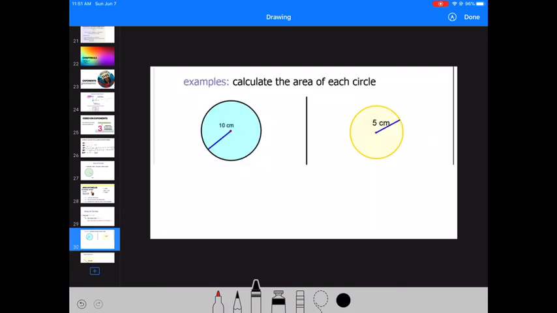So these are radius. Now, A equals pi r squared. So 3.14 multiplied by 10 times 10. Okay, not 10 times 2, 10 times 10, because the radius is 10.